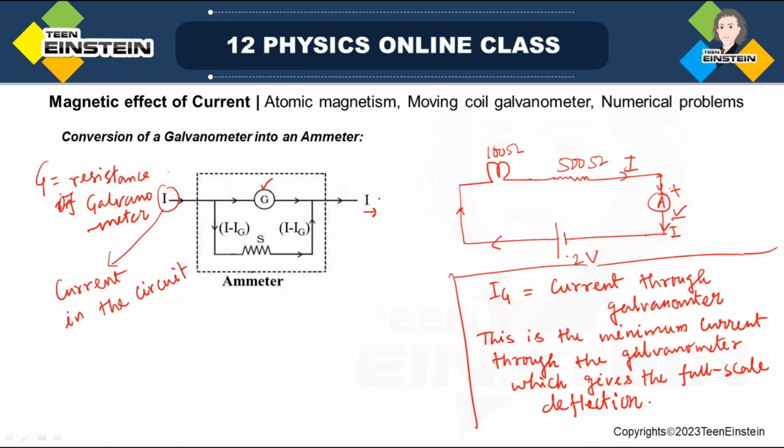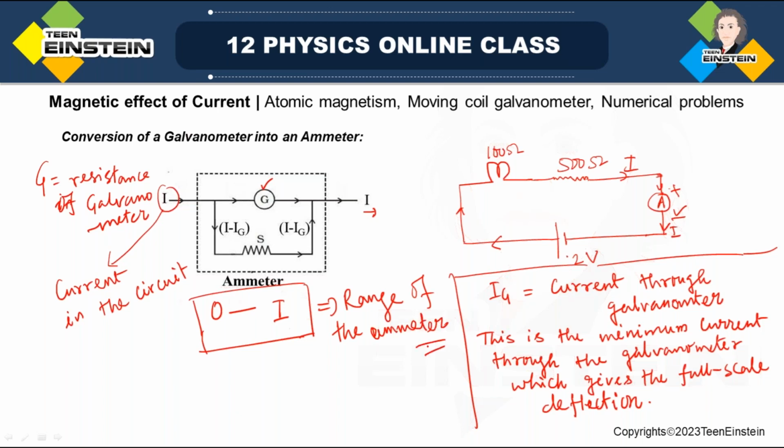This is actually called the range of the ammeter, 0 to I. Range means minimum to maximum. Minimum is 0 and maximum is the maximum current. Sometimes in a numerical problem there will be this word range of ammeter.